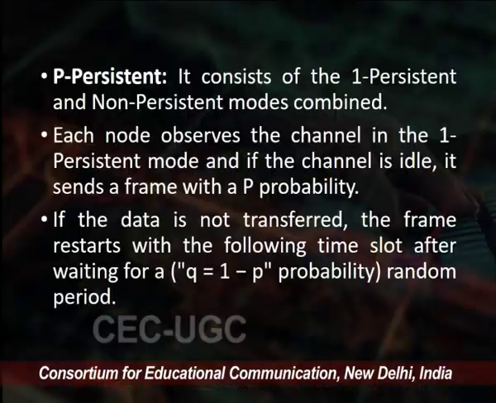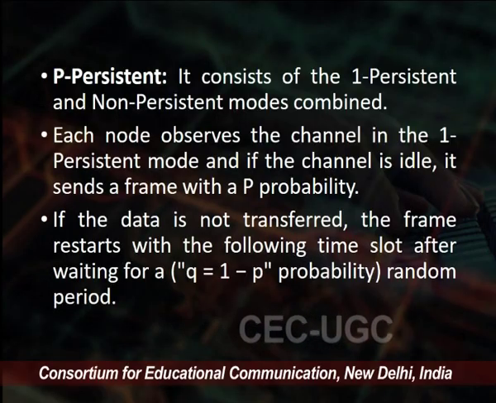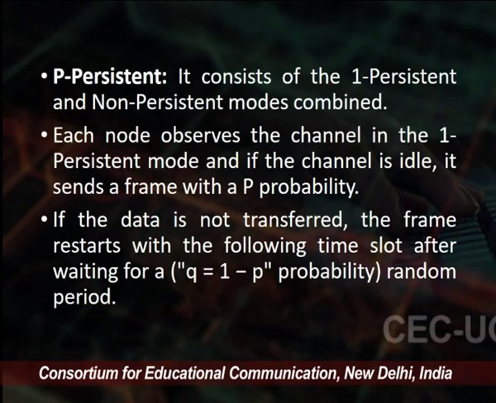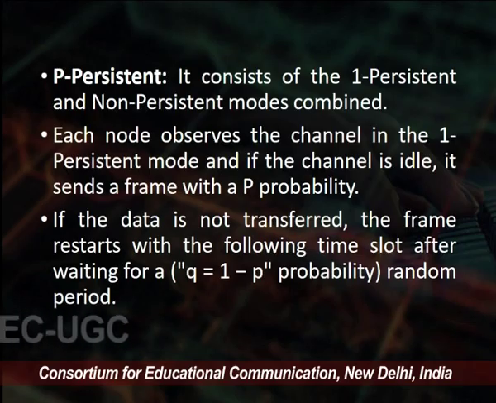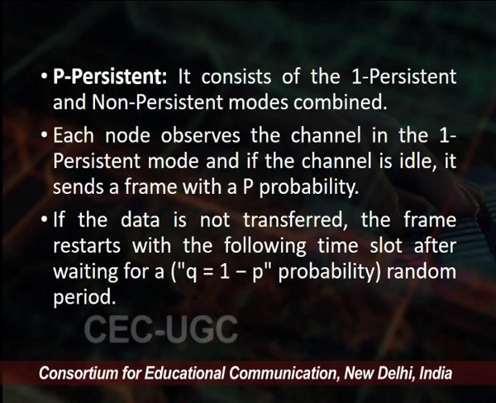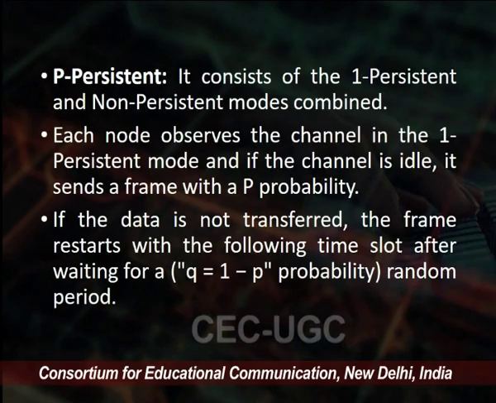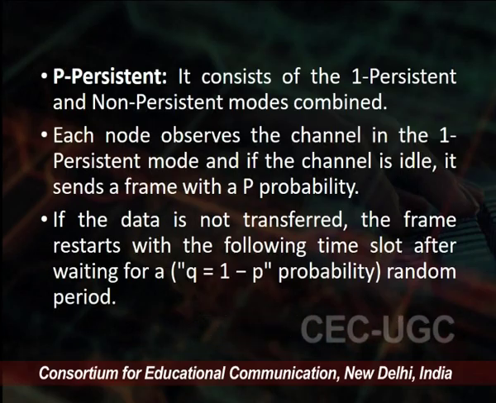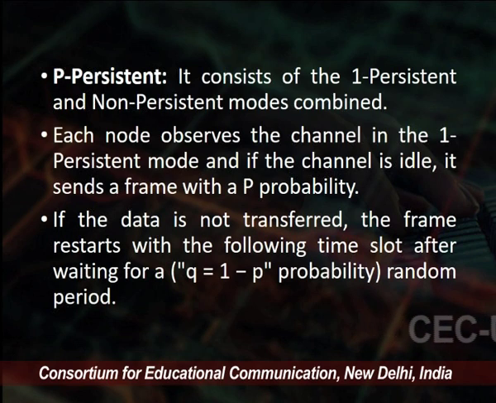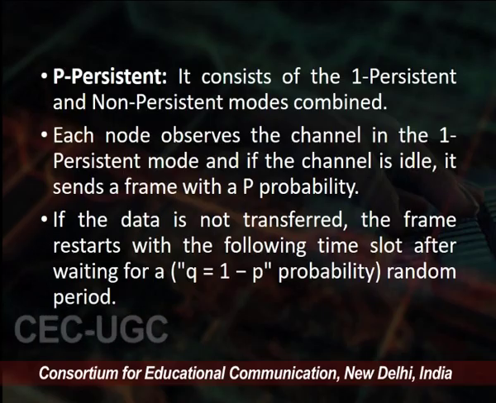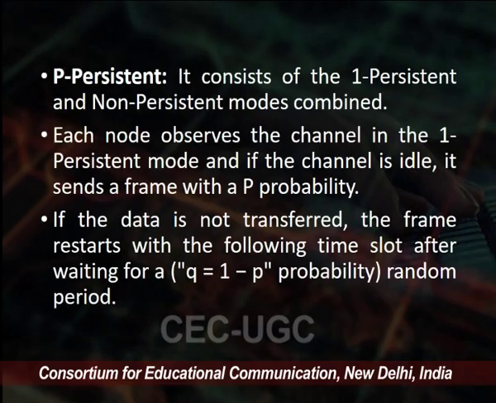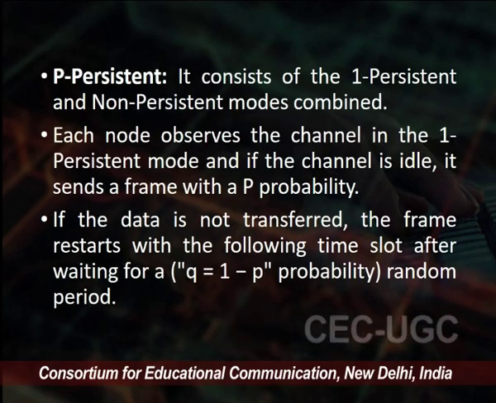Each node observes the channel in the one persistent mode, and if the channel is idle, it sends a frame with probability P. If the data is not transferred, the frame restarts with the following time slot after waiting for a probability q equal to 1 minus p, which is a random period. So this is how P persistent combines the two modes.